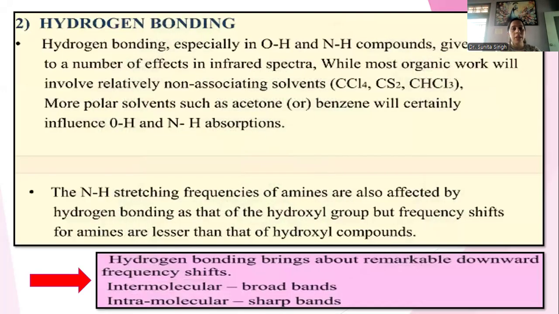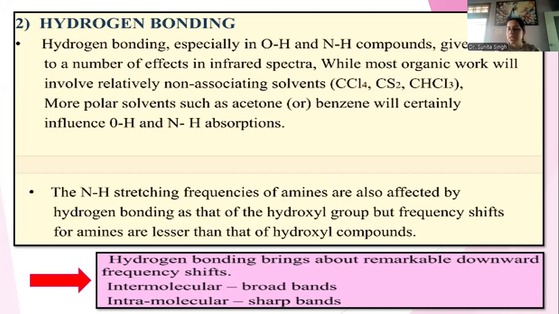Hydrogen bonding is also an important factor. It especially occurs in OH and NH compounds and gives rise to a number of effects in infrared spectra. Although most IR spectra work involves non-associating solvents like CCl4, carbon disulfide, and chloroform, other solvents such as acetone or benzene will certainly influence OH and NH absorption.